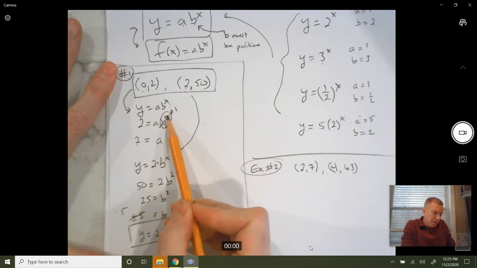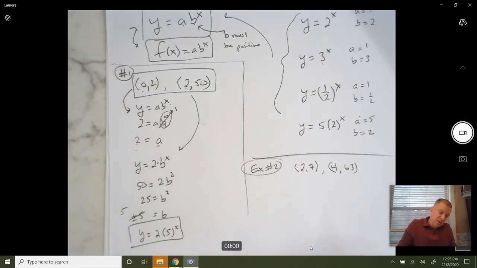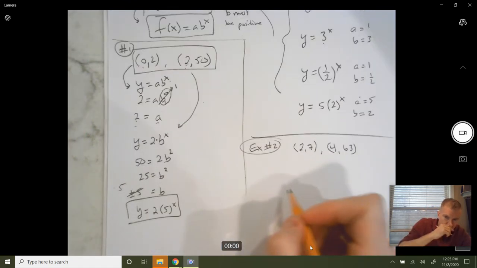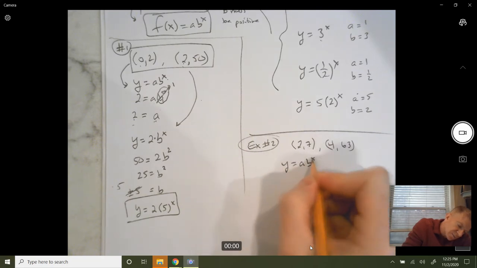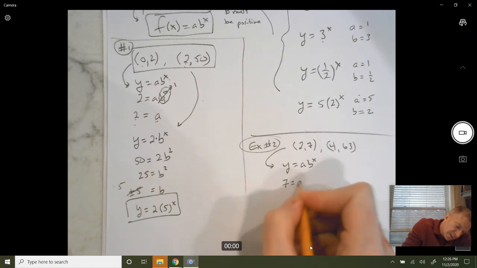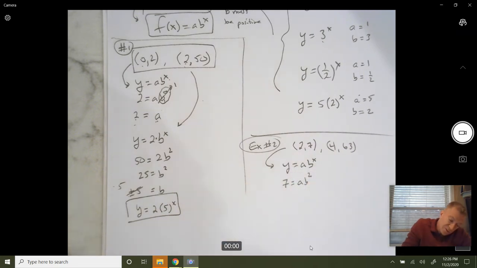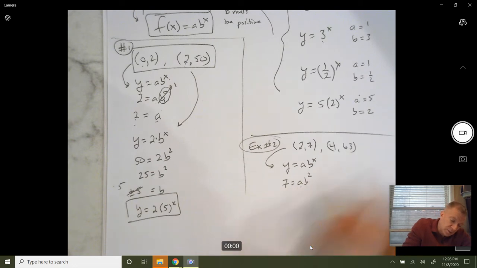So right away you plug in one ordered pair and you've got one of your two unknown constants. This one's going to take a couple more steps. So y equals a times b to the x. Let's plug in the first ordered pair, where 7 is the y value: 7 equals a times b squared. Notice we didn't get rid of anything. We don't know a or b by plugging in just one.